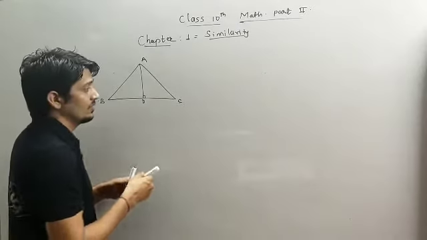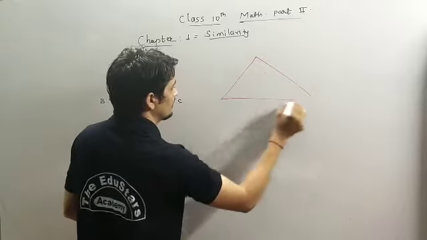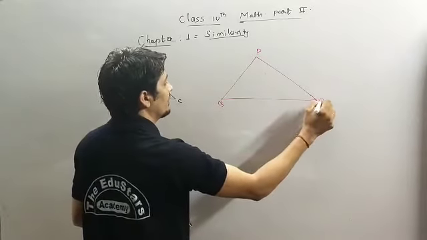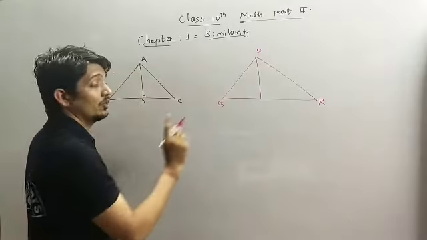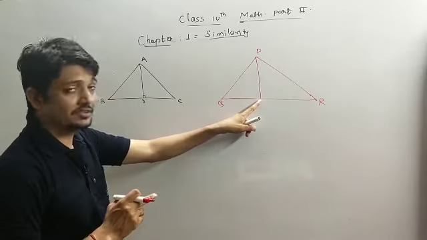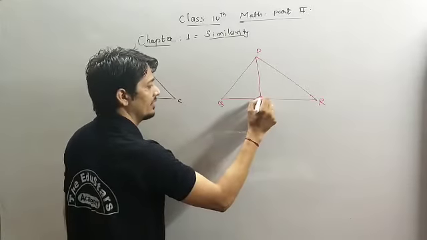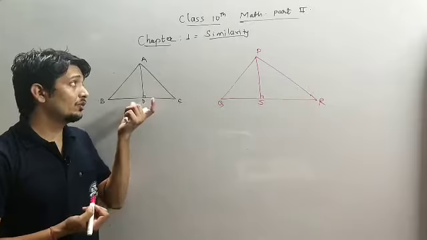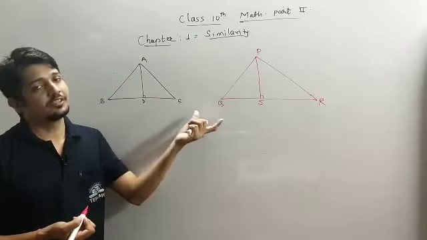Now we have another triangle called PQR. It is P, Q and R, and for the height of this triangle we draw the perpendicular on this line. So it is S and it is a right angle, that is 90 degrees. We have to identify the ratio of both the triangles.